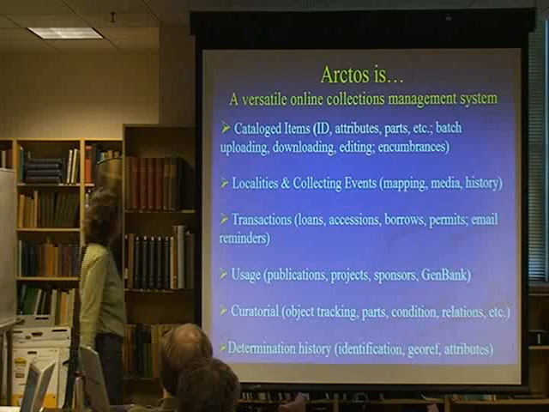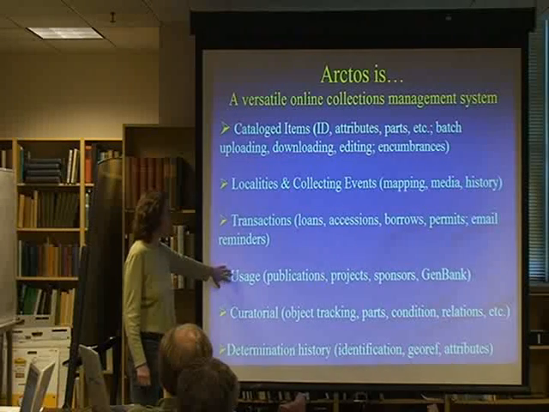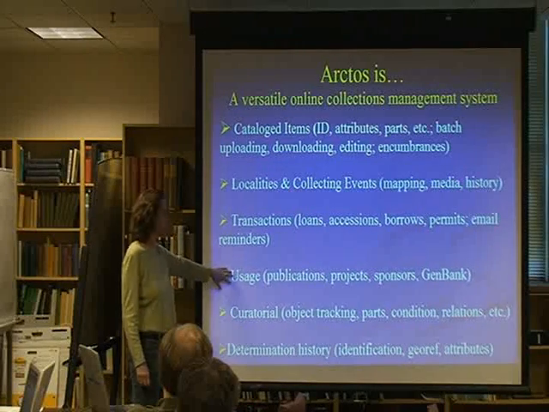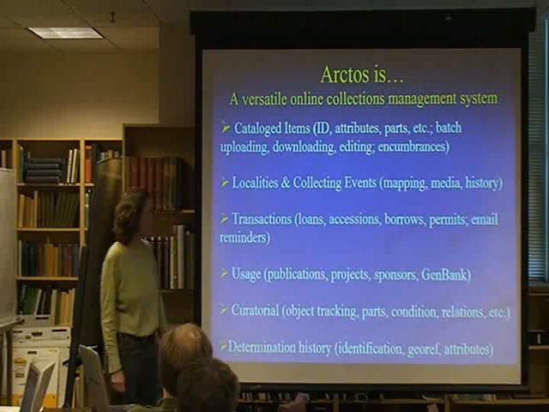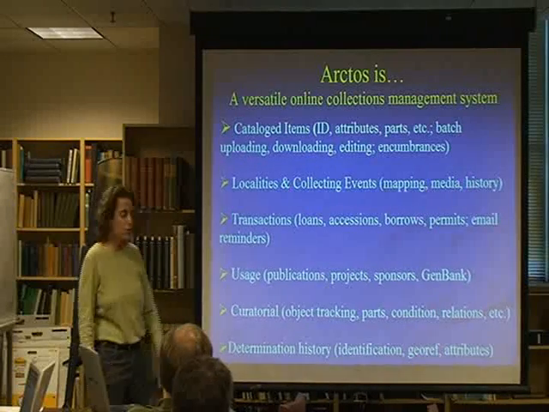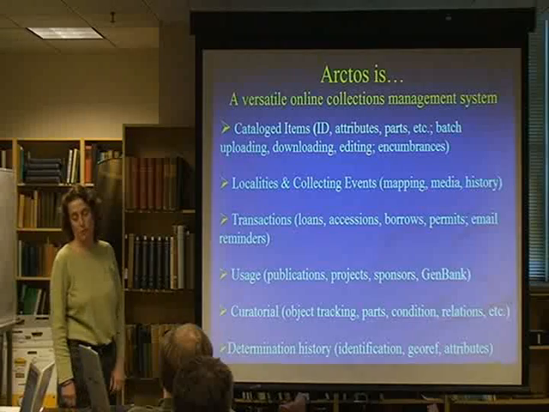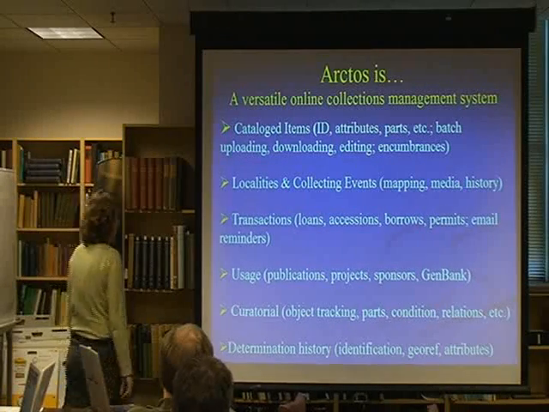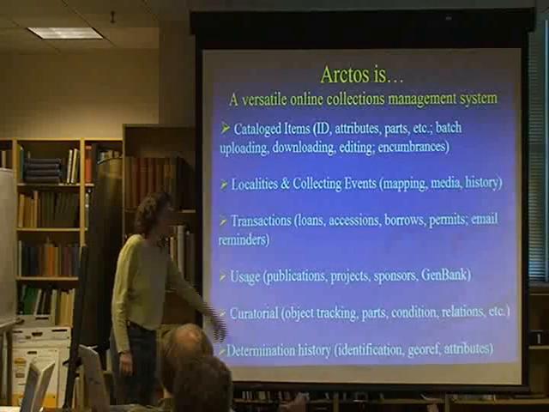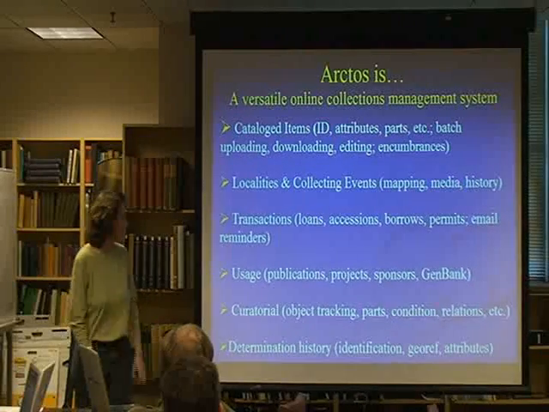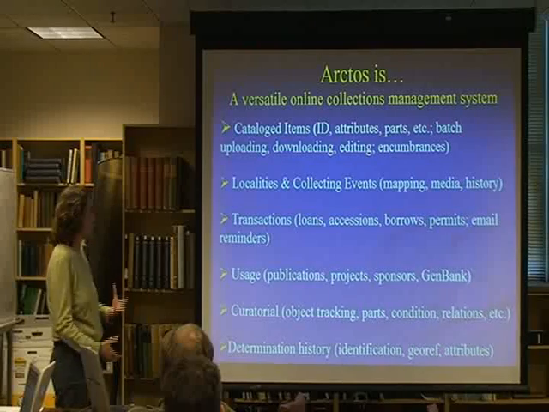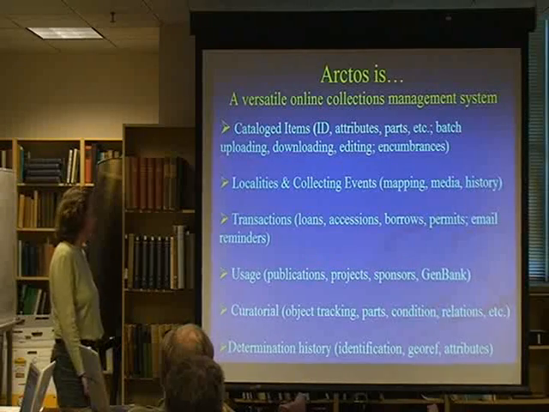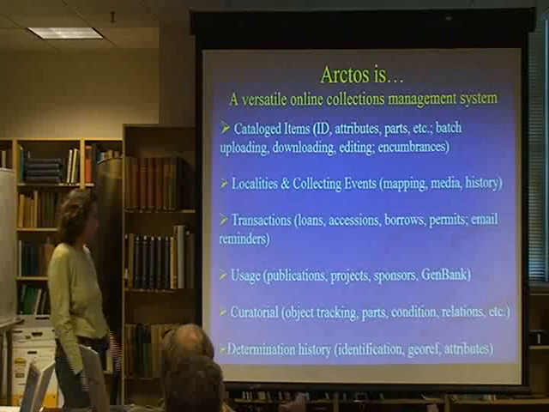Usage, so we try to maximize information about usage of specimens through publications, projects, sponsors of projects, and linking to external resources such as GenBank. Curatorial stuff like object tracking through barcoding, condition of specimens, relationships between different specimens.